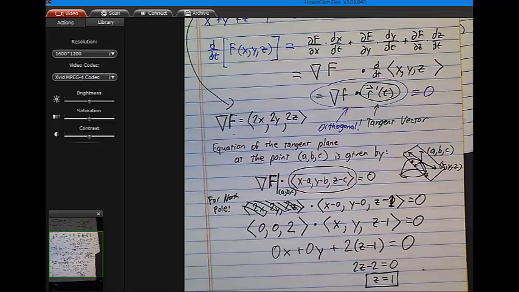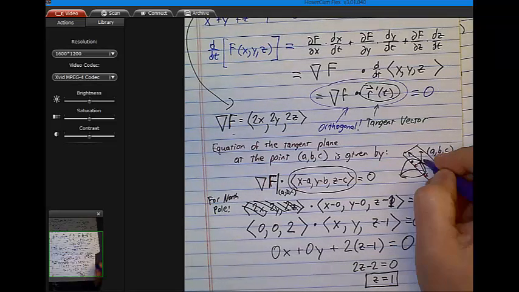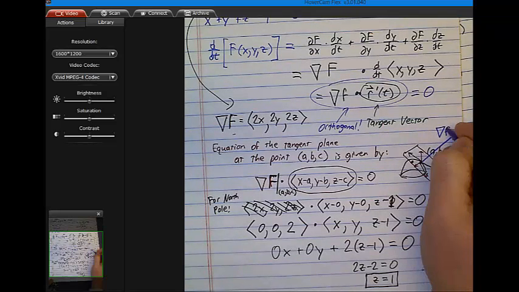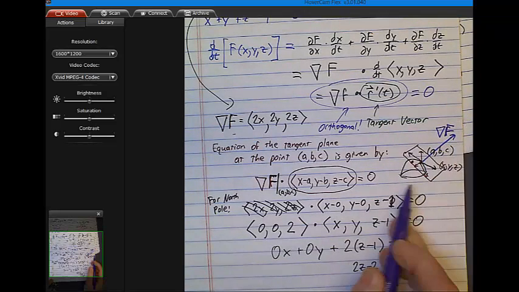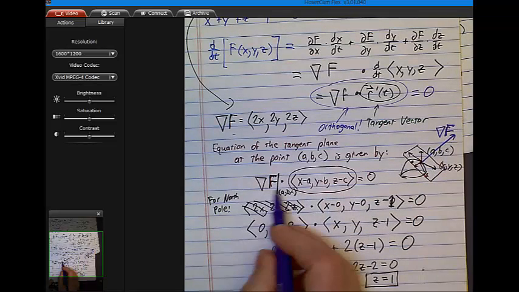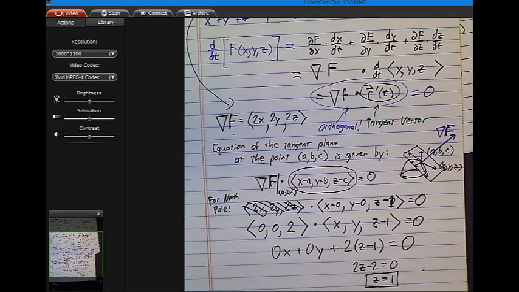So the point is, take any one of these vectors and dot it with grad f. And we need, no matter which one of these I take, when I dot it with grad f, I get 0. So this is the picture.